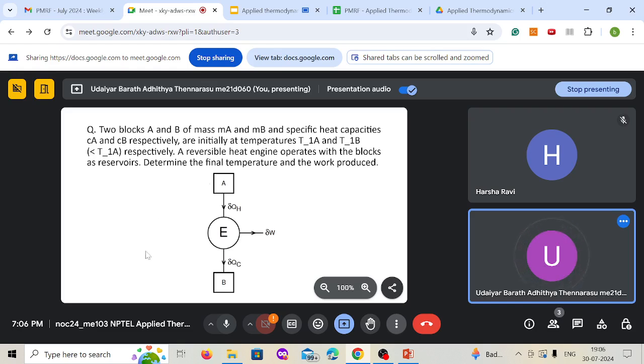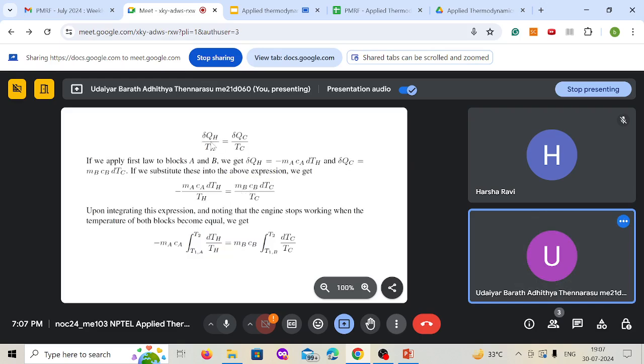So, assuming that you are putting a Carnot heat engine between these two finite masses, at any instant you will have some delta QH of heat which is coming in, and you are generating some delta W of work, and delta QC is rejected to B. At any instant it will be delta QH by TH, the temperature at that instant.